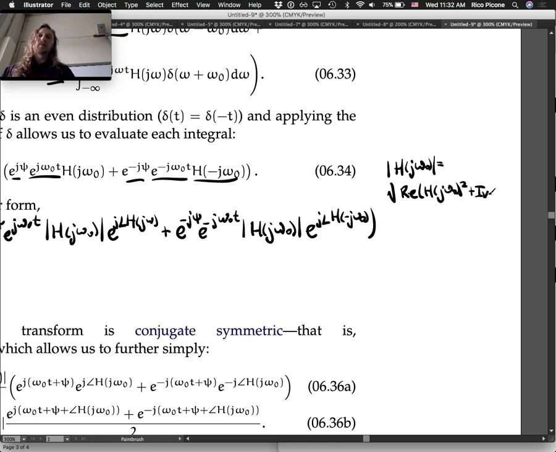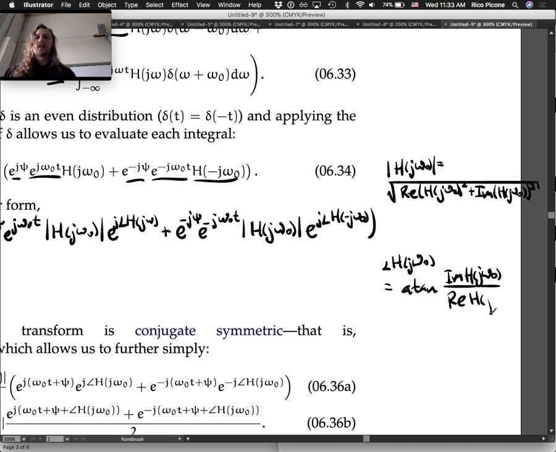Plus the imaginary part of h of j omega naught squared, and it's the square root of the whole thing. And then the phase is, of course, just the arctangent of the imaginary part of h of j omega naught divided by the real part of h of j omega naught.